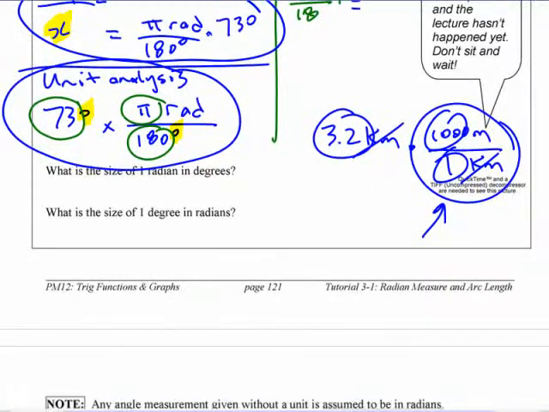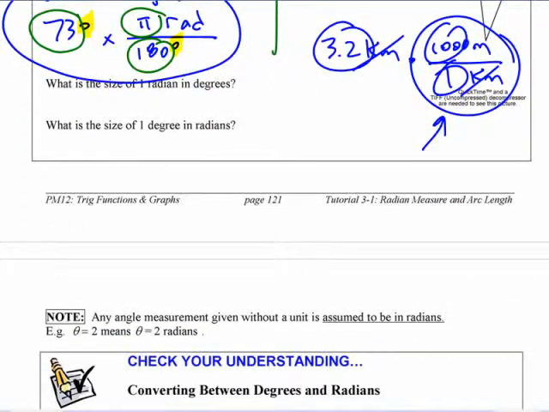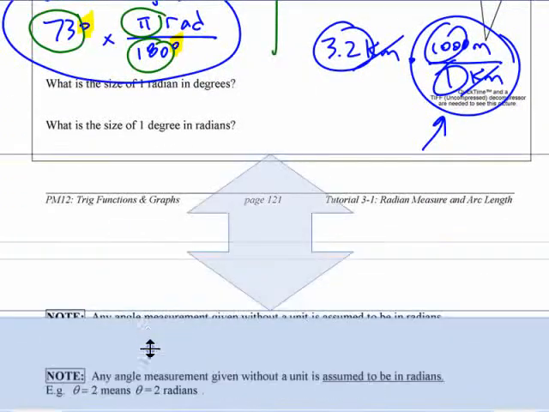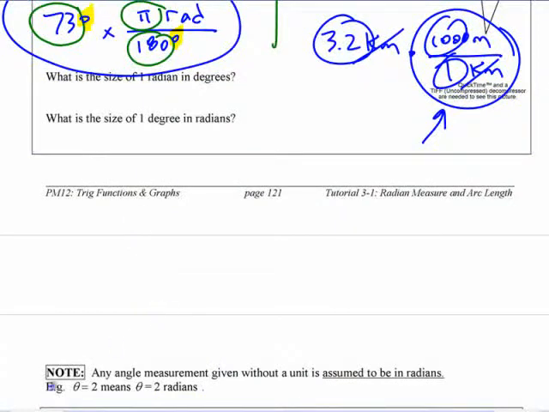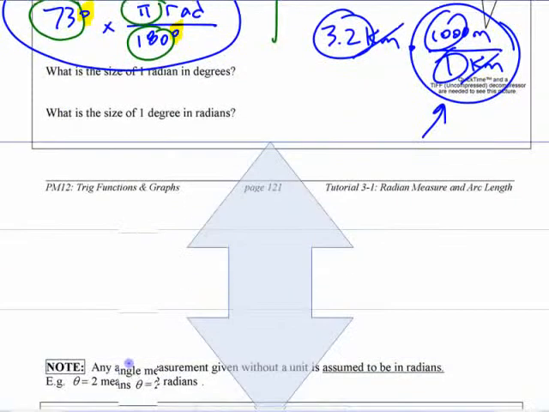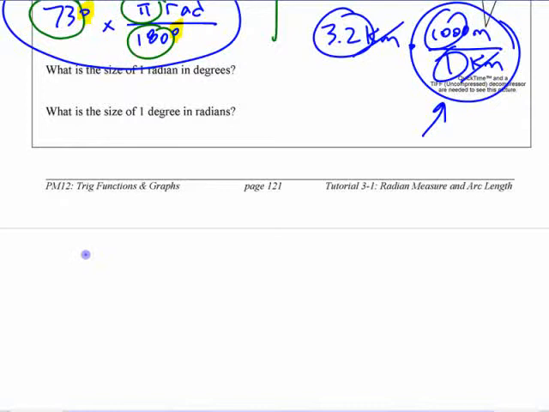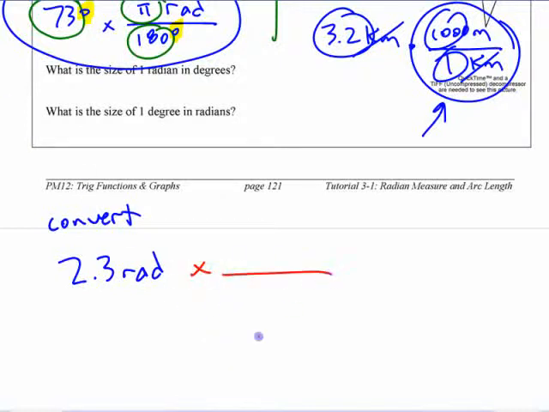If I wanted to do something else, like if I had 2 radians, well, let's not do 2. Let's say I had a number like 2.3 radians. If I want to convert this to degrees, doing the unit analysis way, I could multiply by radians on the bottom and degrees on the top.